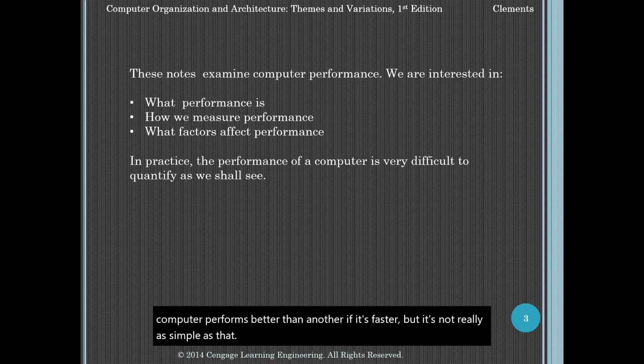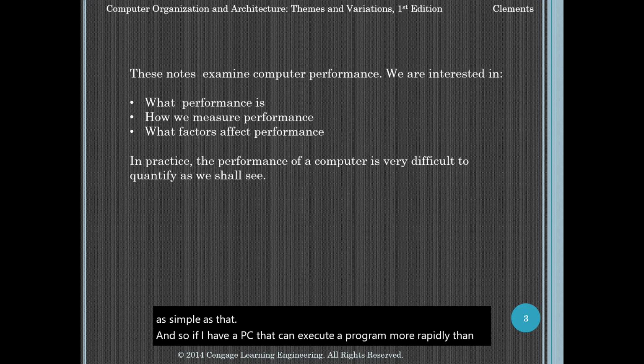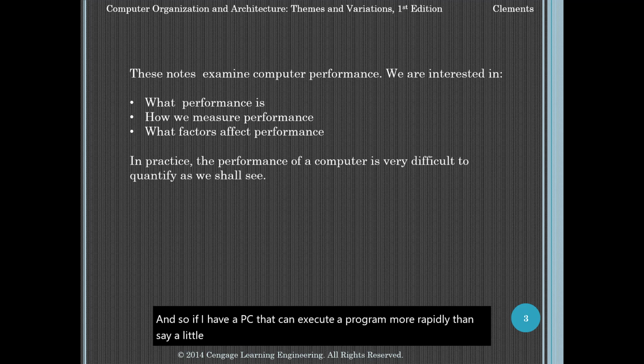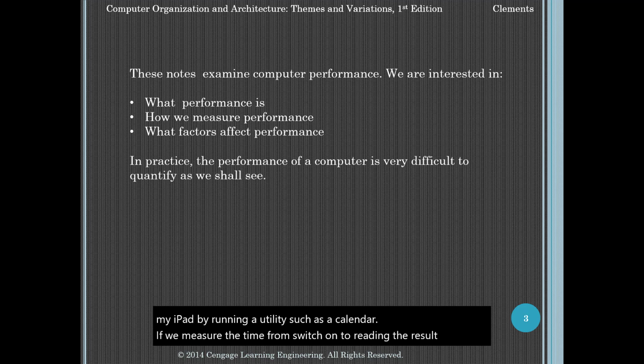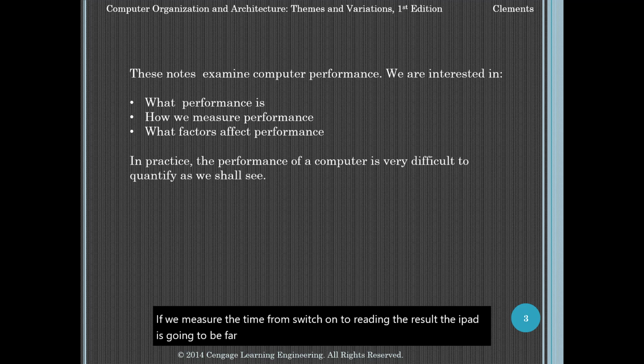Suppose I have a PC that can execute a program more rapidly than, say, a little iPad, and we compare the performance of my PC with my iPad by running a utility such as a calendar. If we measure the time from switch on to reading the result, the iPad is going to be far faster, because the PC has an intolerably long boot up period, whereas the iPad is going to spring into life so much faster from the moment it's switched on.